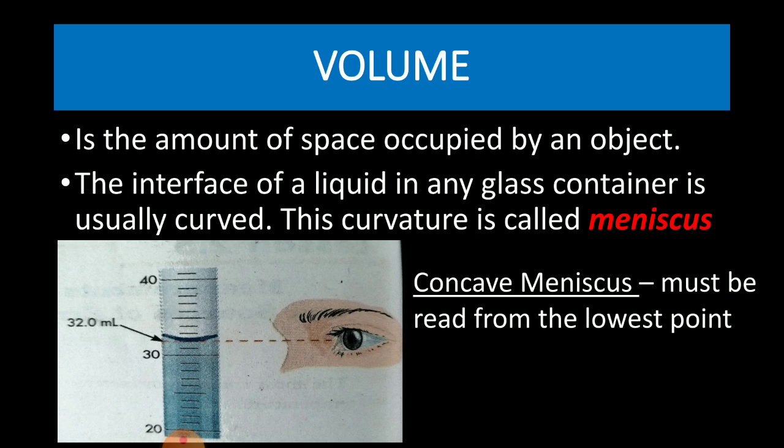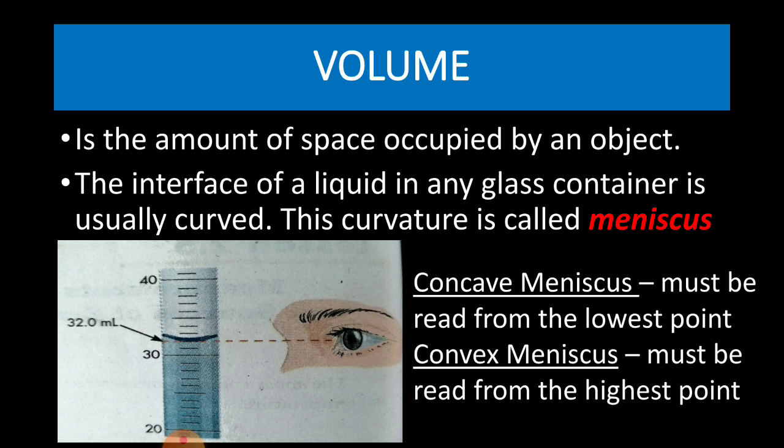Just like in the image, that is an example of a concave meniscus. So it will be read from the lowest point of the curve. For a convex meniscus, produced by few substances such as mercury, the volume is read from the top of the meniscus, or from the highest point of the meniscus.